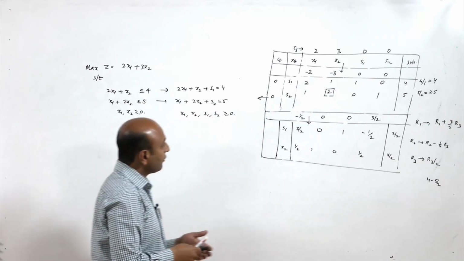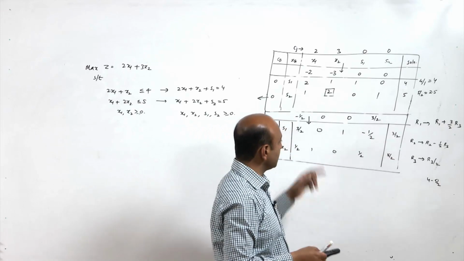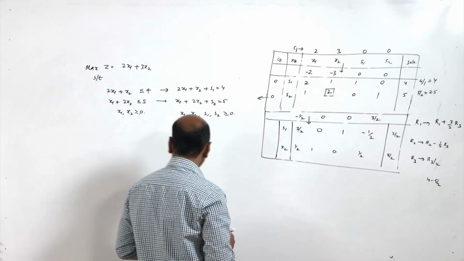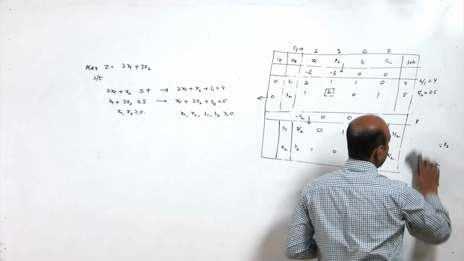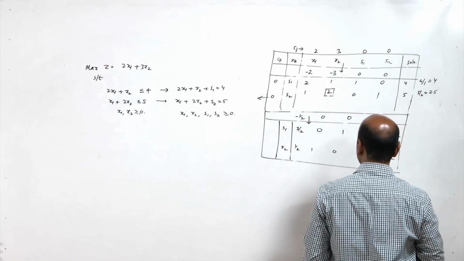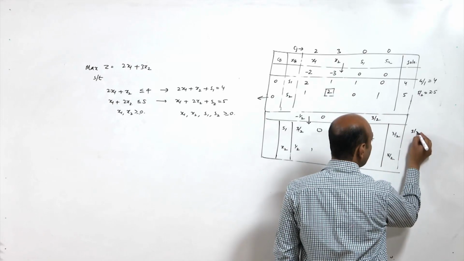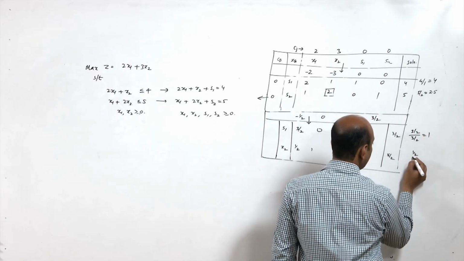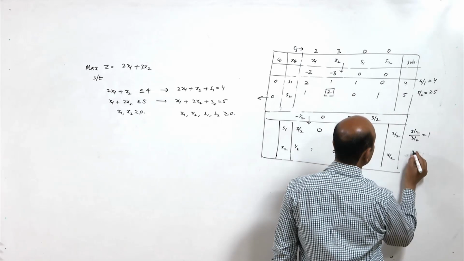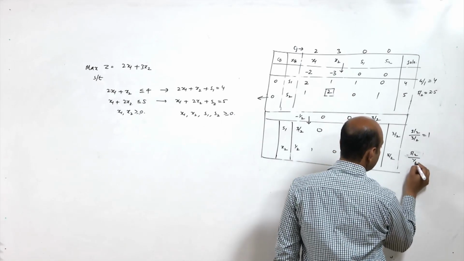Okay. And what is the minimum ratio? This upon this is, if you take here, then 3 by 2 upon 3 by 2 is 1, and this is 5 by 2 upon 1 by 2, which is 5.